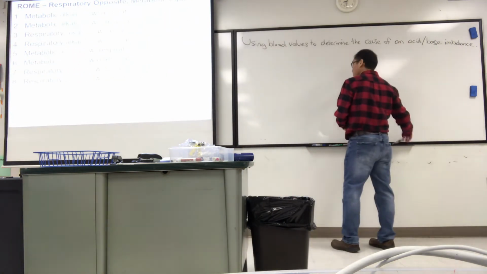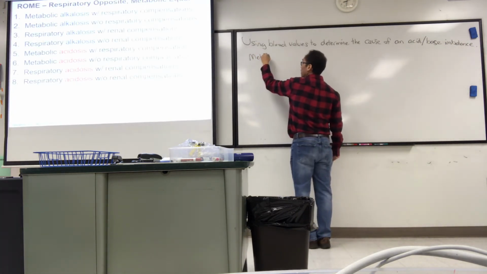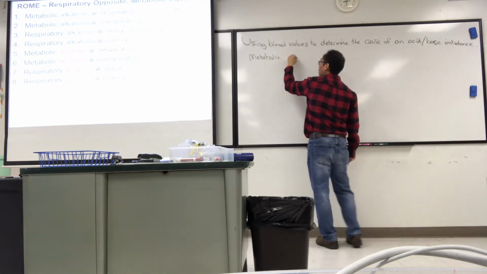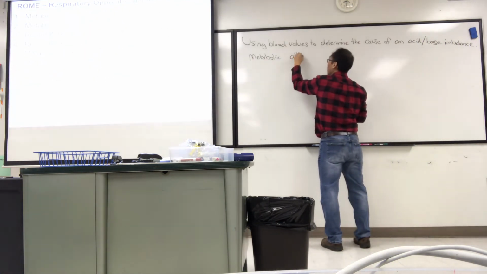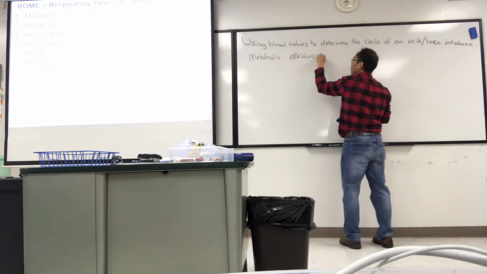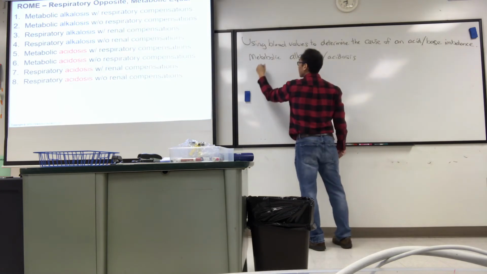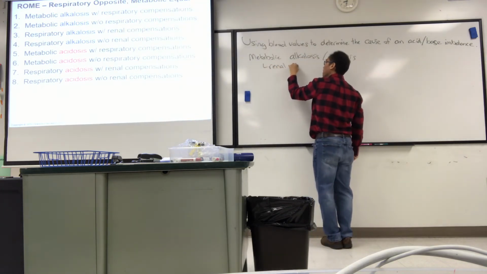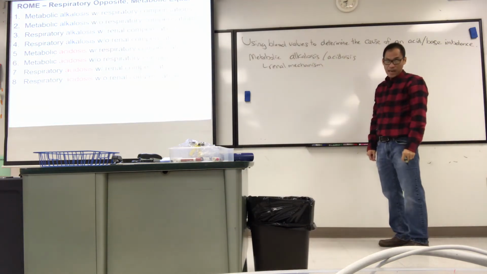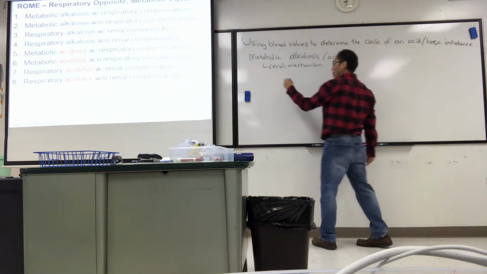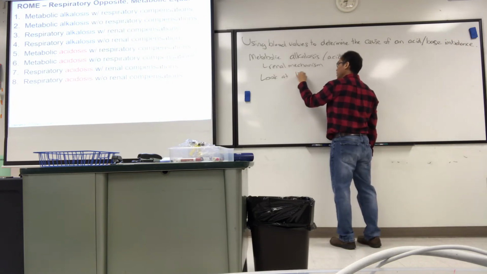The renal cause, metabolic alkalosis, acidosis. And the blood value they typically look at is the base, bicarb, HCO3.